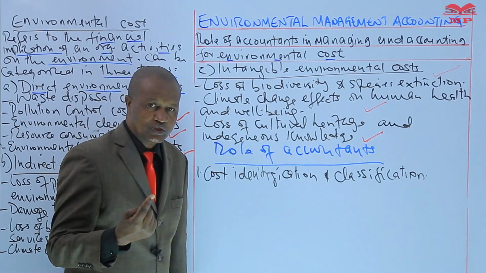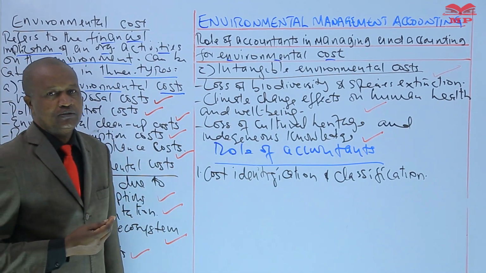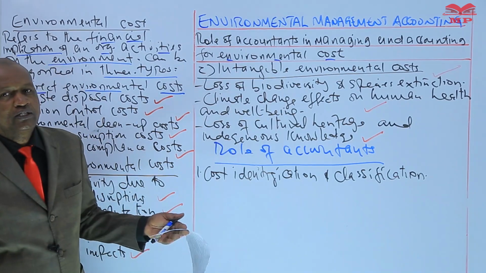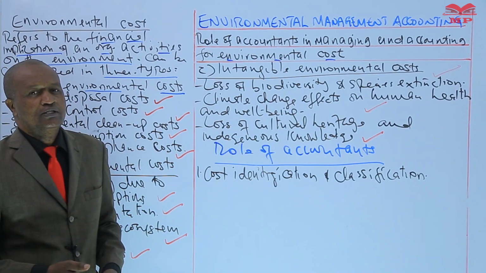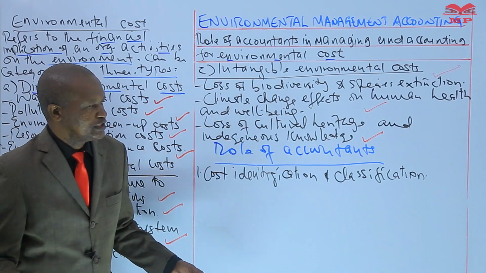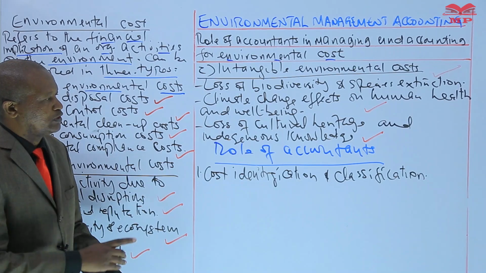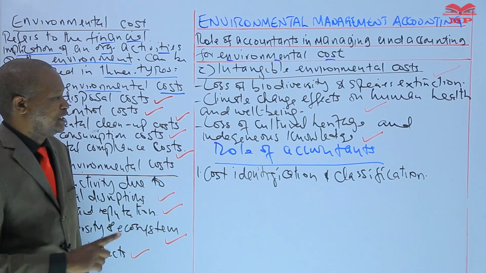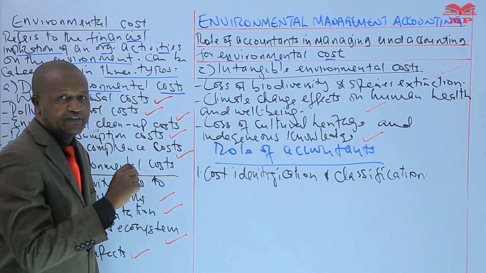Identifying the costs, then classifying the costs. It could be costs related to energy consumption, sustainability initiatives, and so on. So the first role that the accountant plays is to identify the costs, then classify the costs.